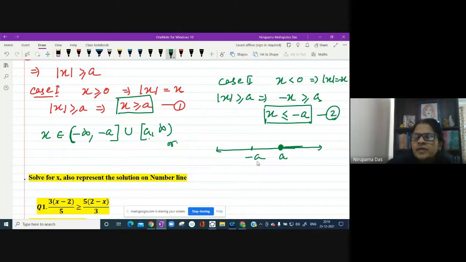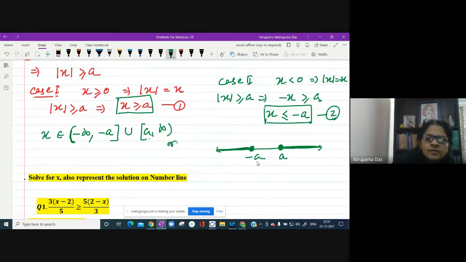And more than a means make the right side of a bold. Now here you can take minus a. It is less than, so you have to make the left side of minus a bold. In the number line we can represent the solution like this.